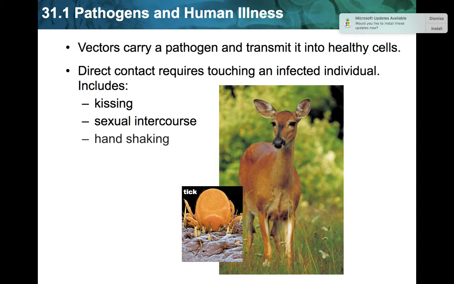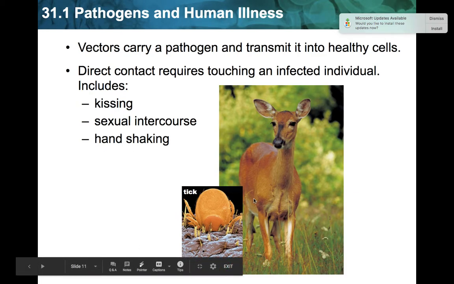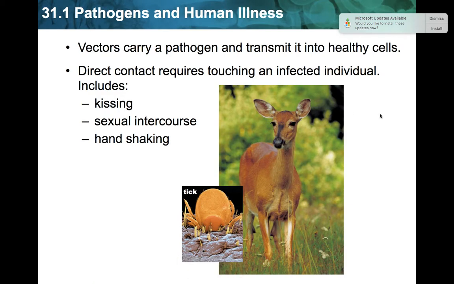Vectors, we talked about this before, but the tick would be considered what? Think about the answer. Is the tick the vector, or the deer the vector? The tick is the vector. The poor deer is just the host, the unwilling host. All right. Vectors carry the pathogen and transmit it into healthy cells.